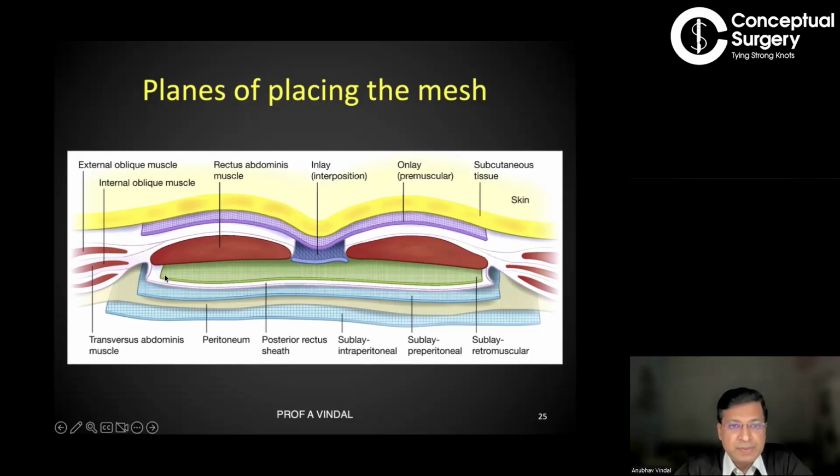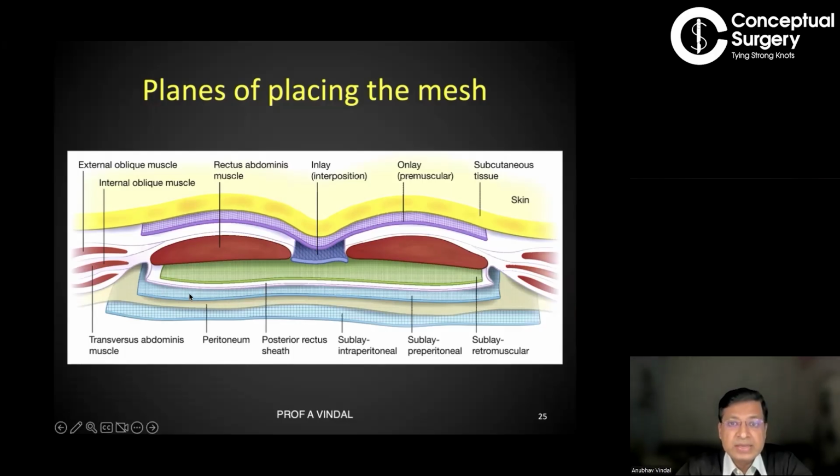If the mesh is placed between the rectus abdominis and the posterior rectus sheath, it is known as a retrorectus sublay repair or a retromuscular sublay repair because it is behind the muscle. If the mesh is placed between the posterior rectus sheath and the peritoneal cavity, it is also a sublay repair, but it is not a retrorectus or a retromuscular repair.